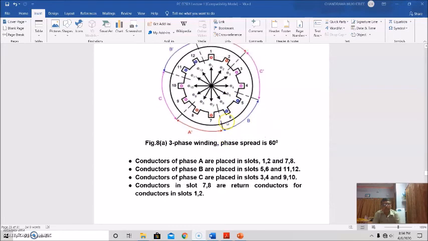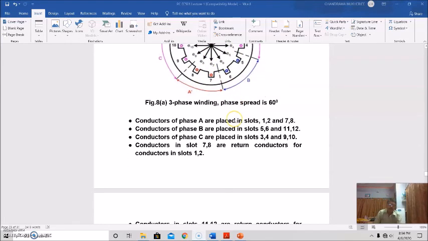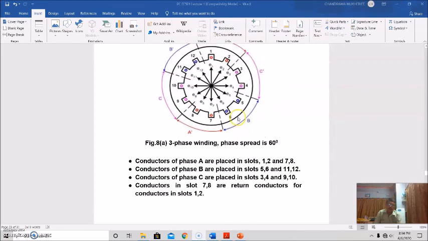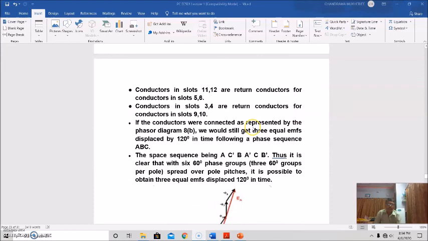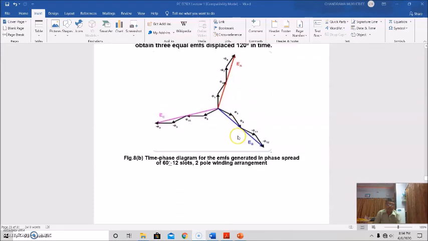It is shown how the induced EMF per phase, and the contributions of each conductor in a phase group, come out. It is shown here also.